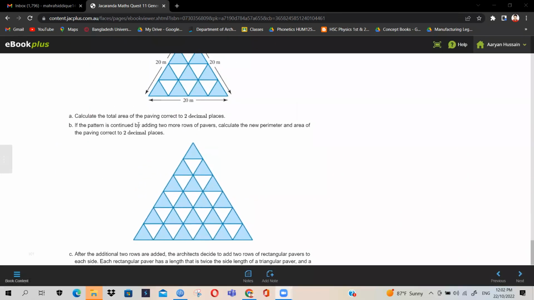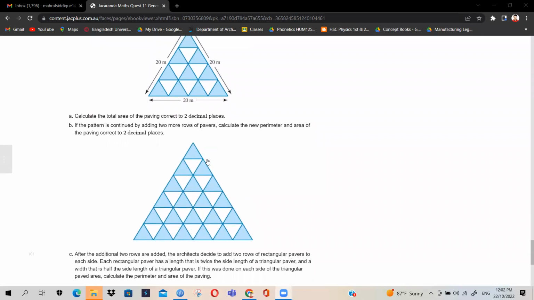If the pattern is continued by adding two more rows of pavers, okay, so this was previously one row and another. Am I audible? Yes.